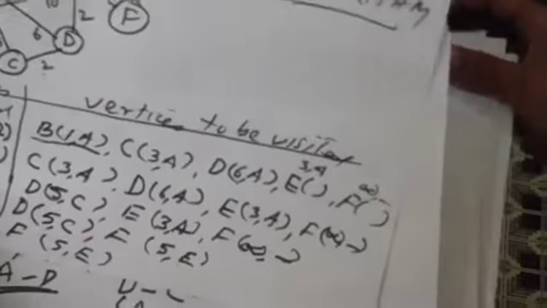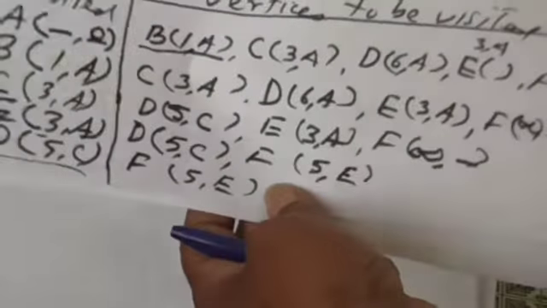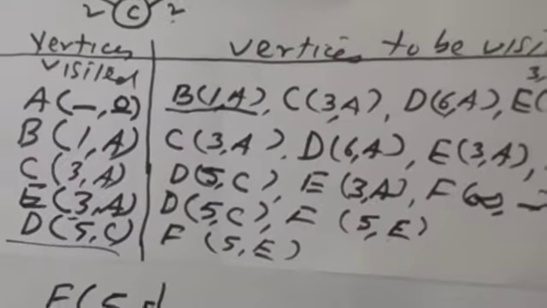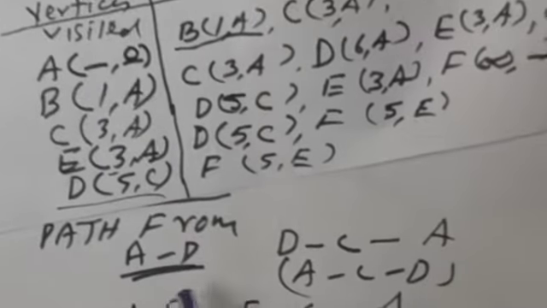This is how we have calculated all the distances from A to F. All the distances have been calculated from A to F. Now if you want to find a path from A to D, you see D you are able to reach from C, and C you are able to reach from A. So you write DCA.